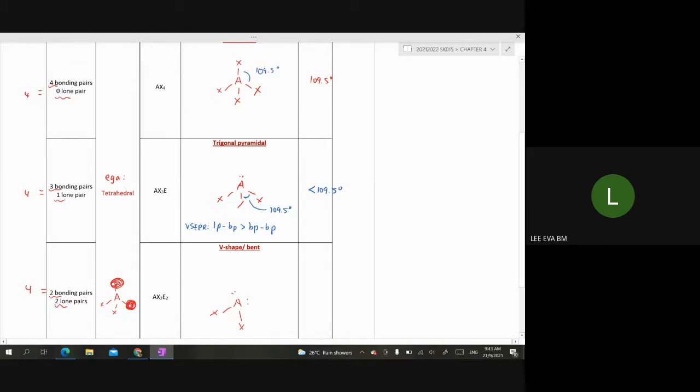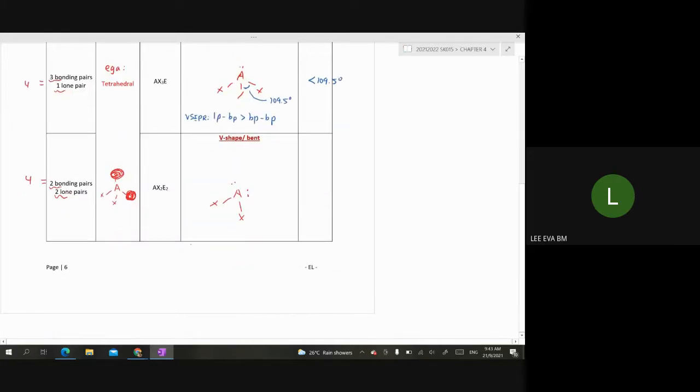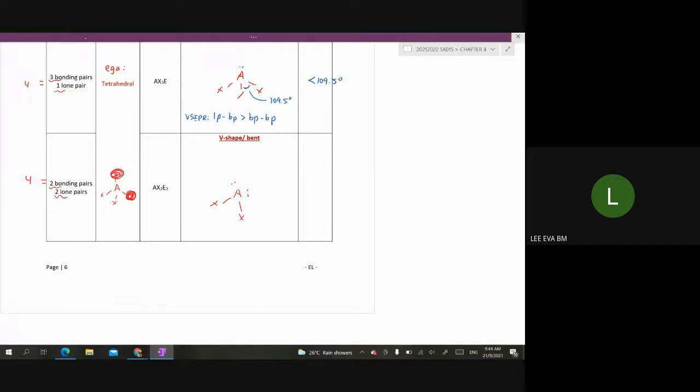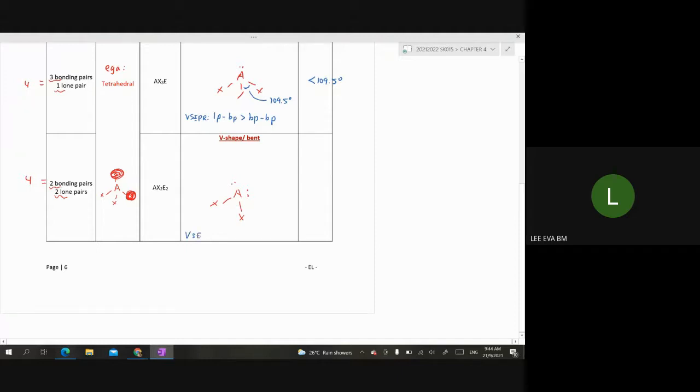So it looks like this. I have two lone pair on the center A atom. So when you have two lone pair, then your VSEPR theory has one more category. Your VSEPR theory now says that lone pair repulsion, antara dua lone pair ini, is greater than lone pair bonding pair repulsion, which is greater than bonding pair repulsion.